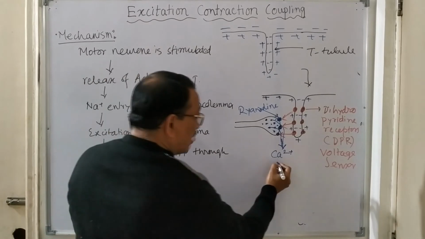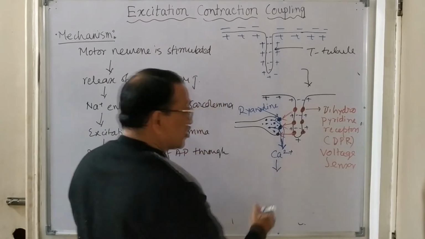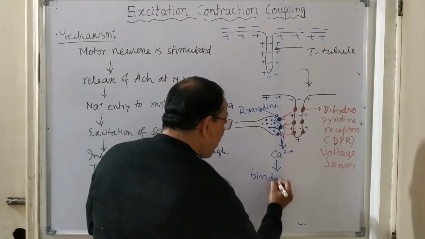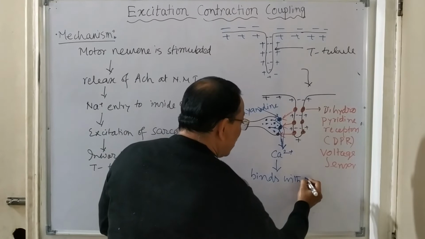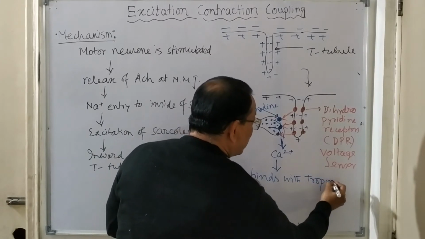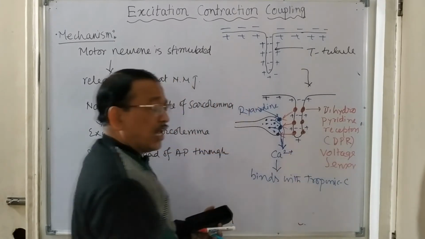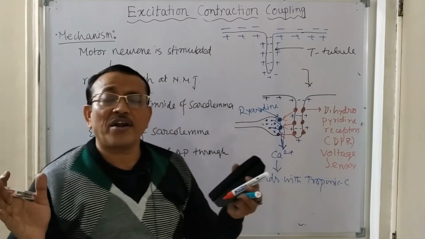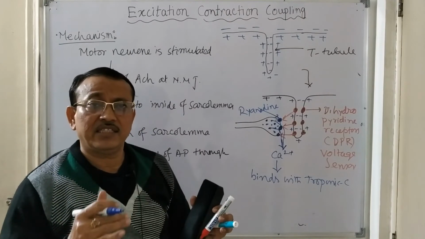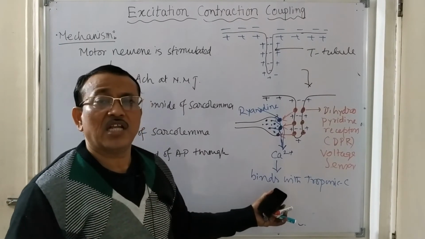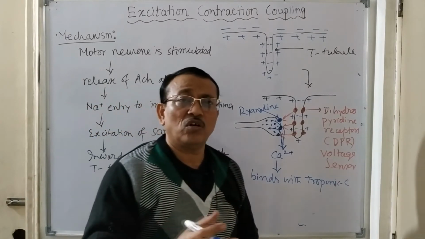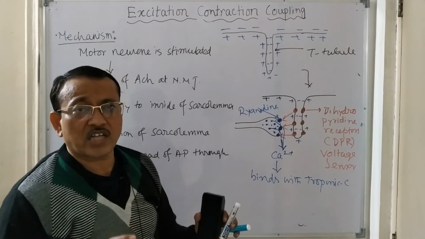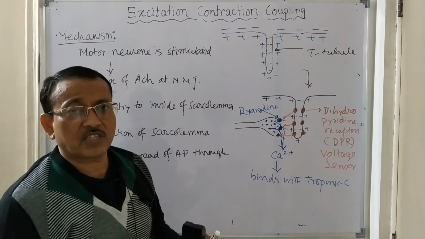Once released, they bind with the troponin C molecule, and that ultimately is responsible for contraction of the muscle. The details of muscle contraction I will discuss in another video, on the molecular mechanism of muscle contraction.